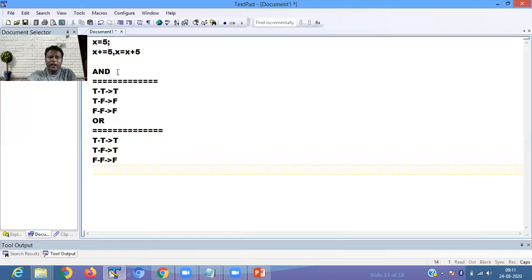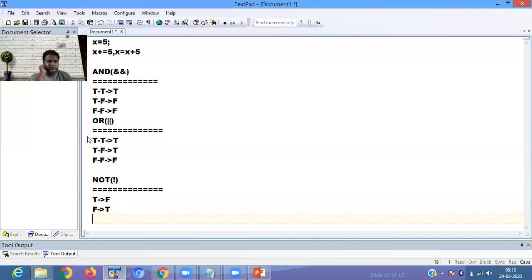In the case of the AND operator you can write double ampersand, in the OR operator you can write the pipe symbol, and in the NOT operator you can write the exclamation mark. NOT is equivalent to one statement: if it is true, it returns false, and if it is false, it returns true. That is the work of the NOT operator. So that is all about the logical operators.